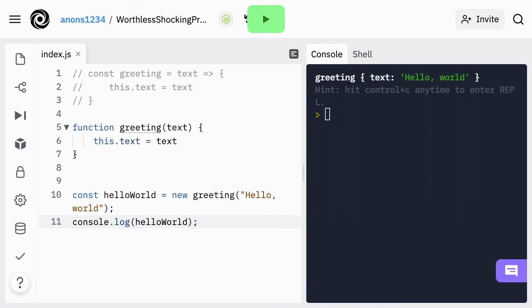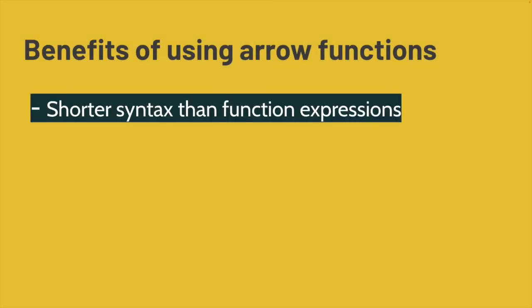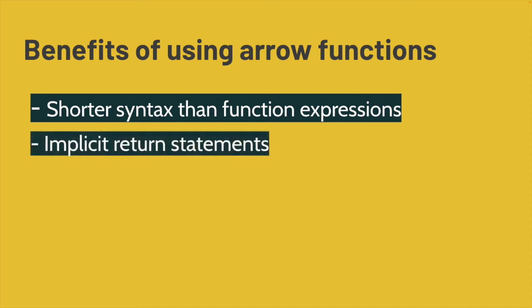Let's take a moment to review the benefits and limitations of using arrow functions. Arrow functions have shorter syntax than function expressions, which can make them easier to read. Arrow functions also have implicit return statements, meaning you don't have to use the return keyword all the time.